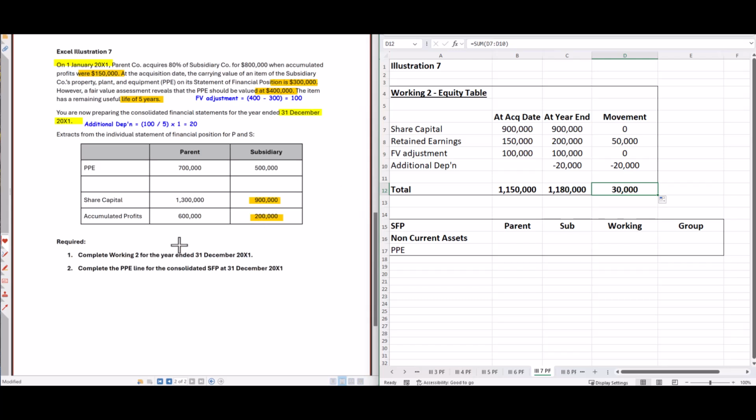Finally then it says do the PPE line. Well, PPE before adjustment for the two entities is this. So remember, we add across the non-current assets.